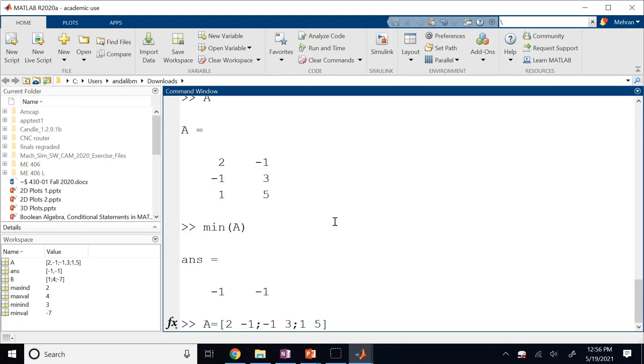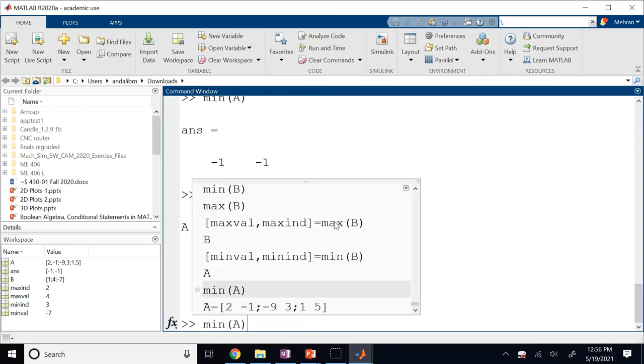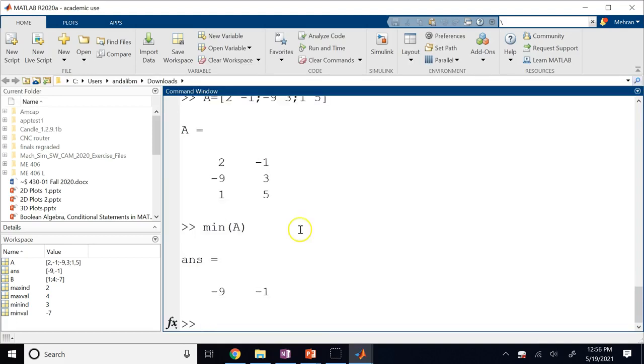So make it -9 maybe. Okay, so now if I run min of A, you see it did not give me the smallest number in the entire matrix. What it did, it acted column-wise. It gave me the smallest number in the first column, the smallest number in the second column.